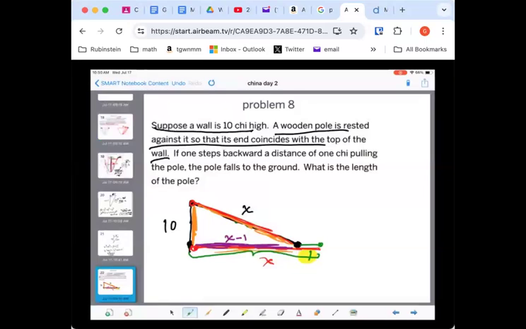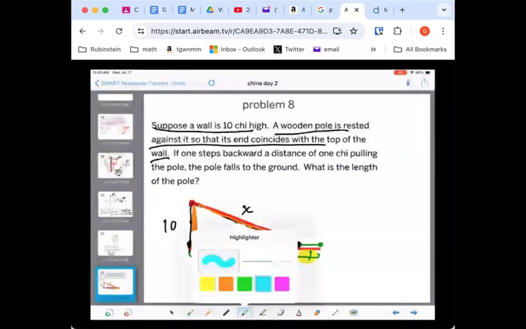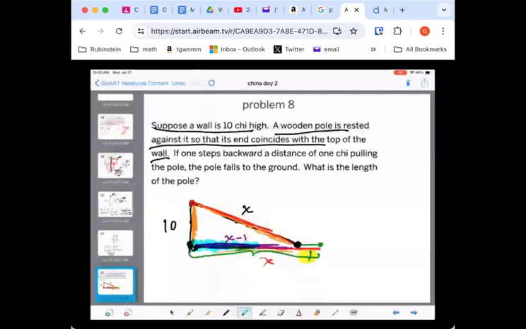Because this red line here, let me highlight it in blue, is the entire pole lying on the ground, and this point is where the pole used to be touching the ground. So from here to here is X, so from here to here must be less than X. It can't be X plus 1.